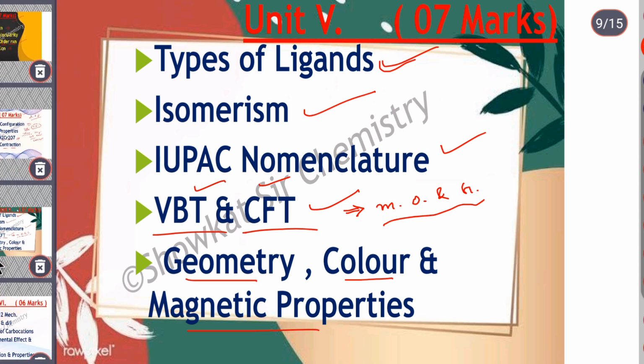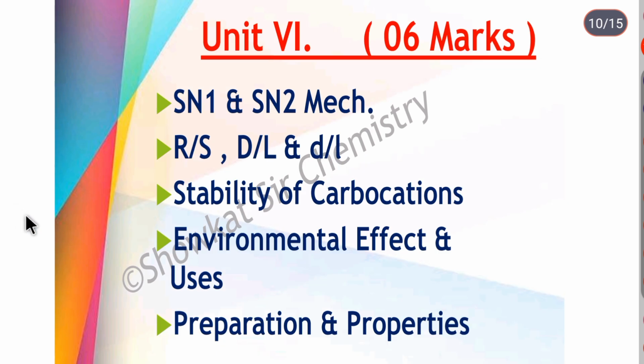Then we are having unit 6, which is haloalkanes and haloarenes. The very important topic here is the nucleophilic substitution reaction, that's SN1 and SN2, the mechanism. You should be able to write the RS nomenclature, the DL nomenclature, and the small d and l, which is different. This is what we call plus and minus, which is dextro and levo rotatory.